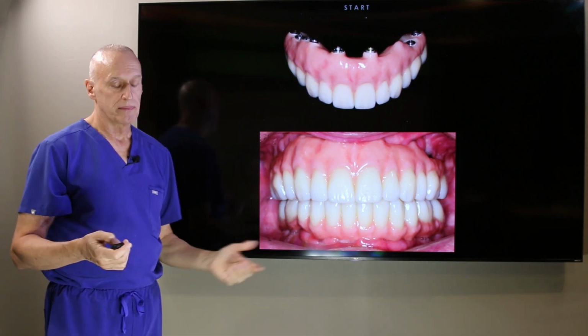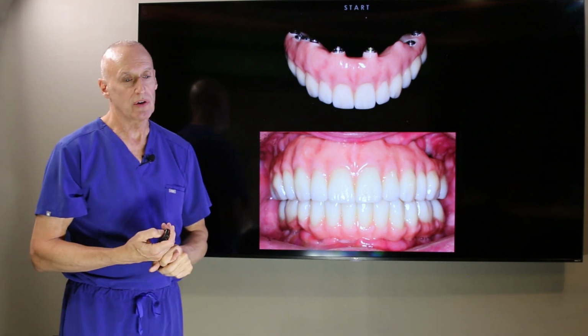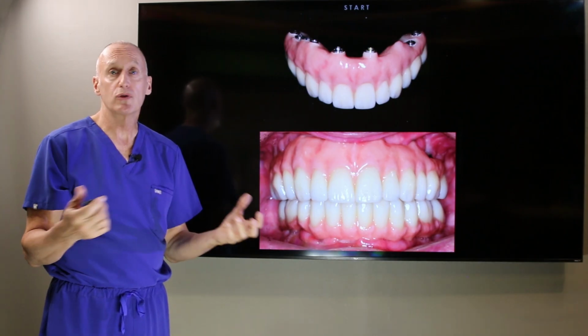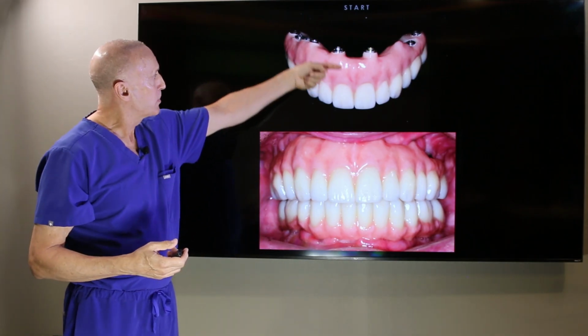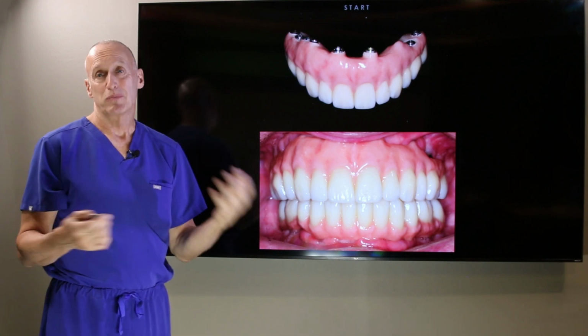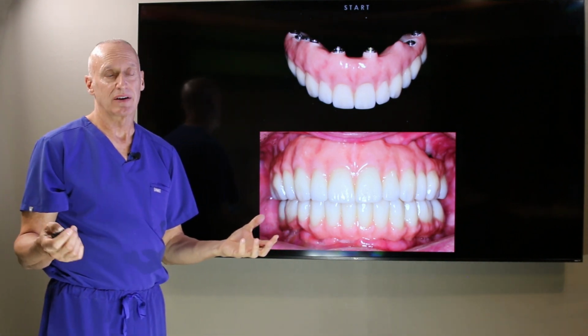And the result is, like I say in other videos, the smile is the easy part. We can make the teeth beautiful, but this represents probably 12 millimeters of bone reduction that probably was not necessary.